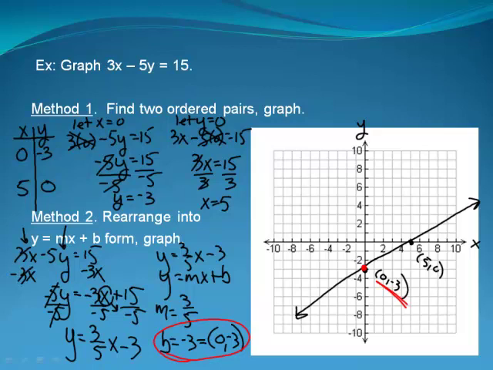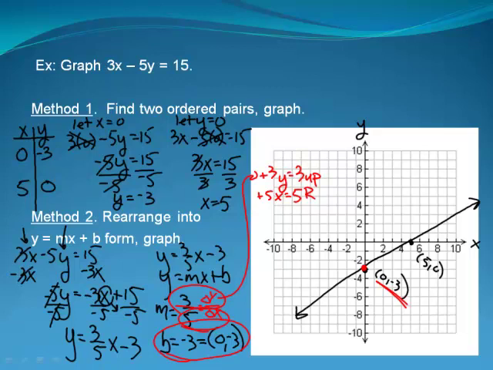Now we're going to count slope. Remember, slope is change in y over change in x. So what we have here, if we bring it up here, is a positive 3y, which implies in terms of movement 3 up. And then we've got a positive 5x, which implies movement 5 to the right.